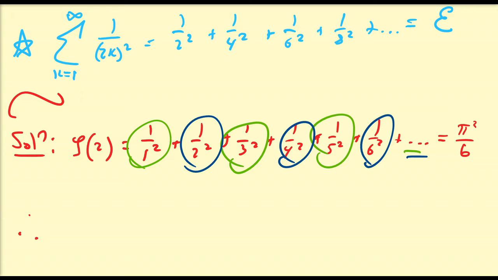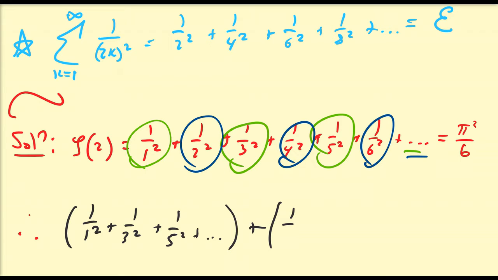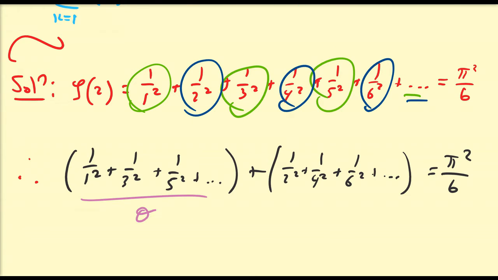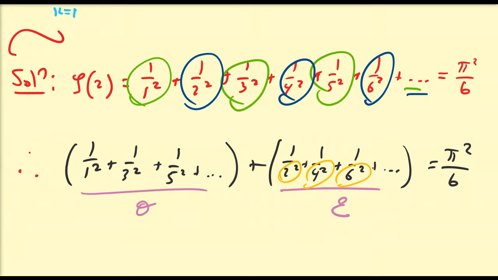So I'm going to have 1 over 1 squared plus 1 over 3 squared plus 1 over 5 squared plus and so on, plus 1 over 2 squared plus 1 over 4 squared plus 1 over 6 squared plus and so on. This must be equal to pi squared divided by 6. So this is my O series and this is my E series. Notice for my E series I have a common factor of 2 squared in each of those terms.